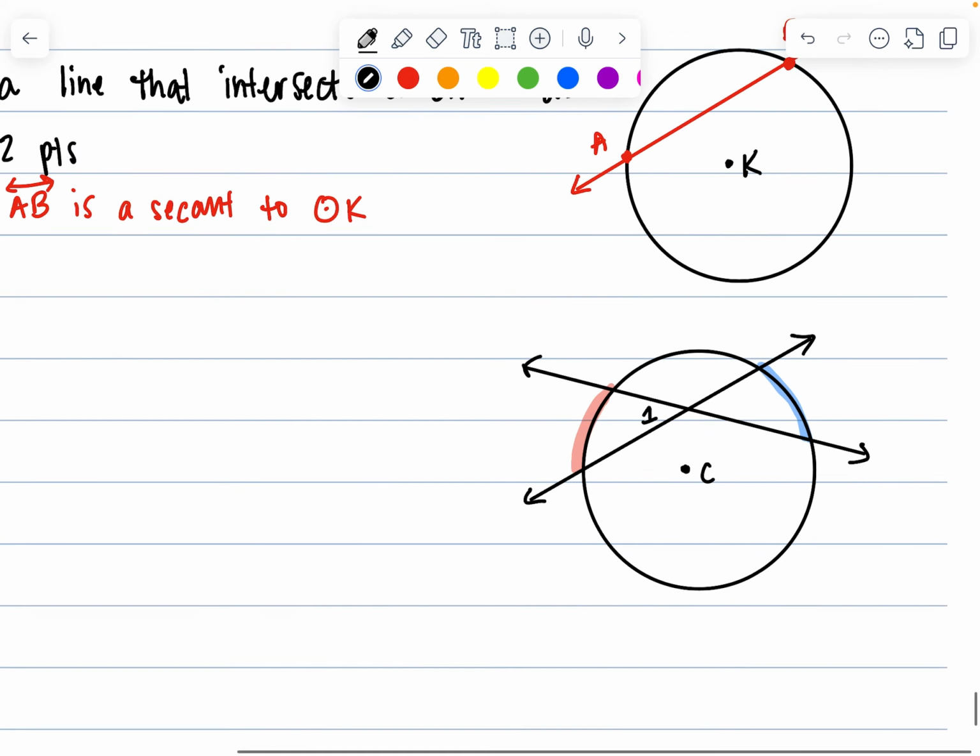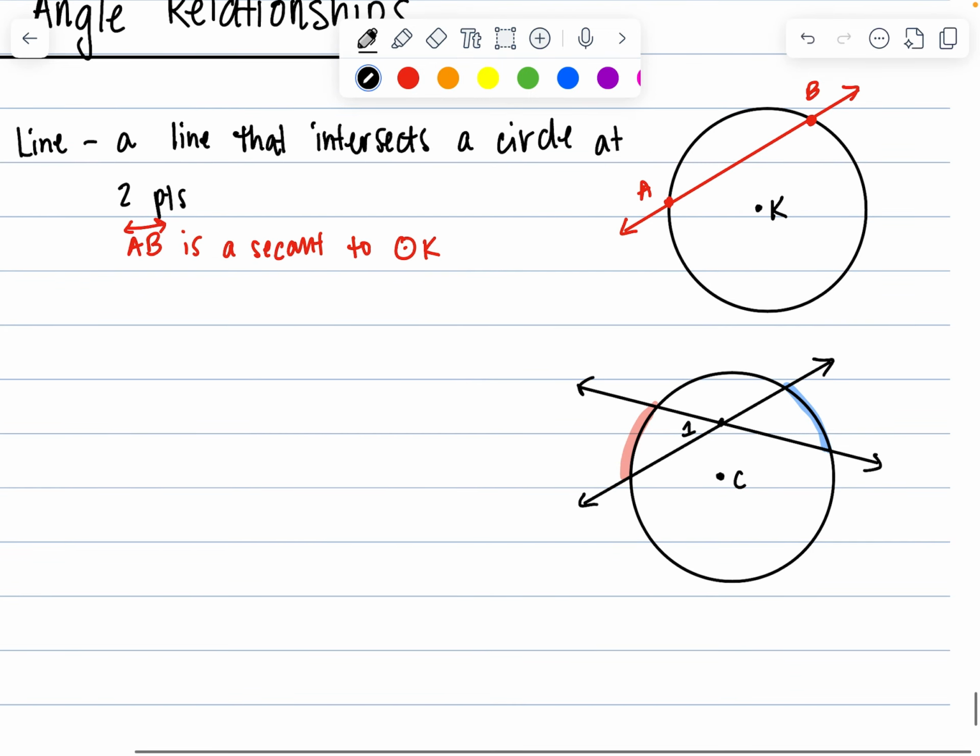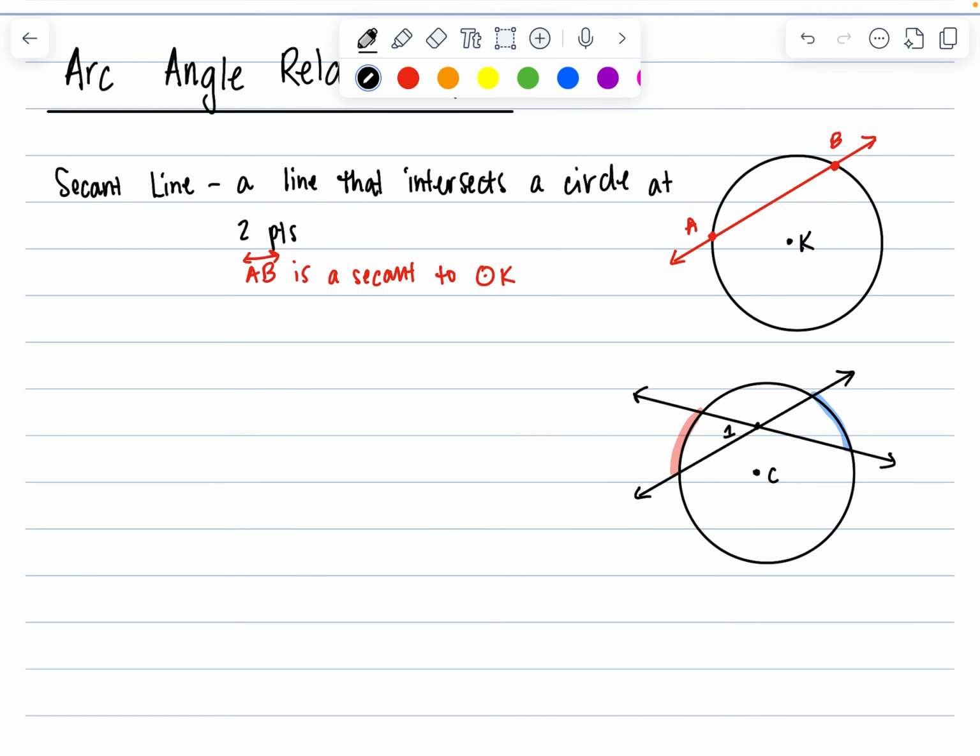Now, we could solve for the measure of angle 1 by doing something called the interior intersection angle theorem. It's exactly what it sounds like. We have an intersection on the interior of our circle. It's very obvious what it's trying to say.